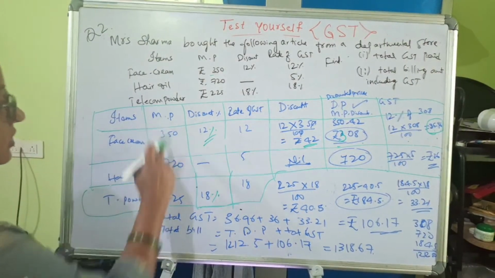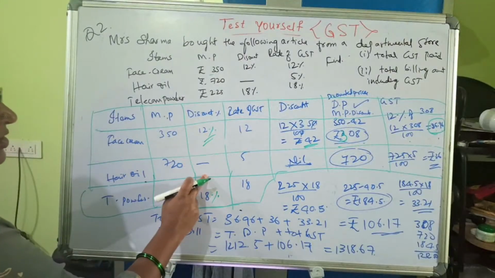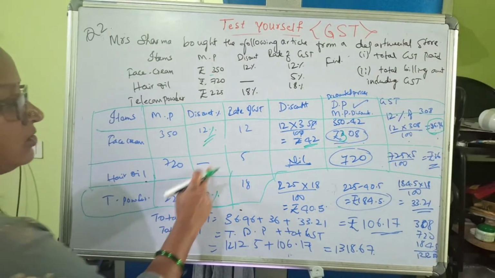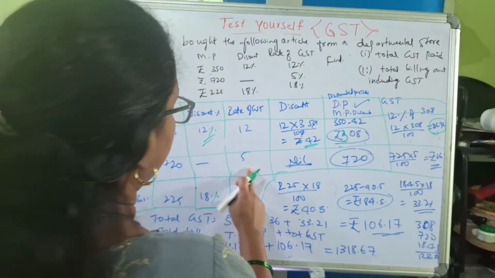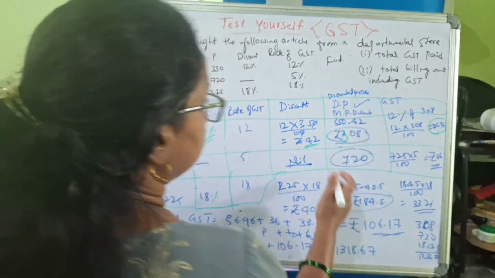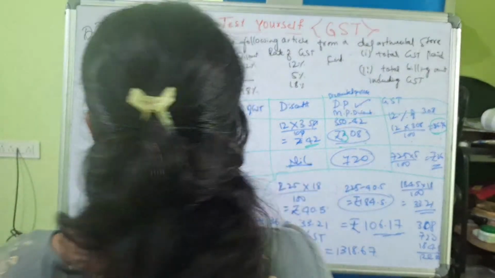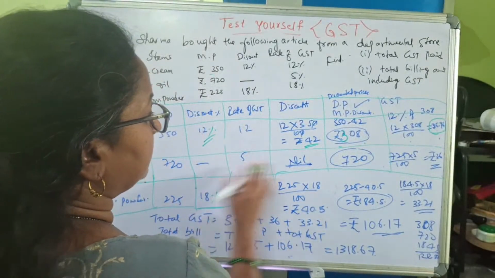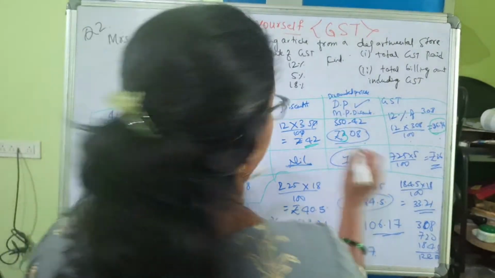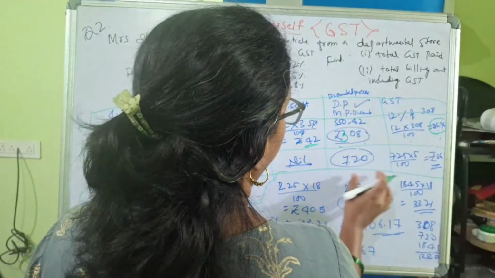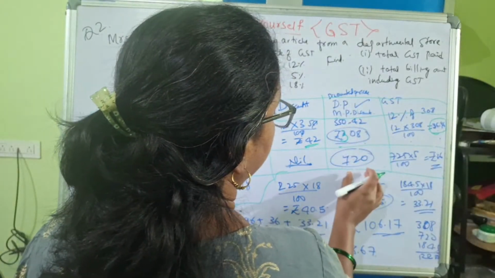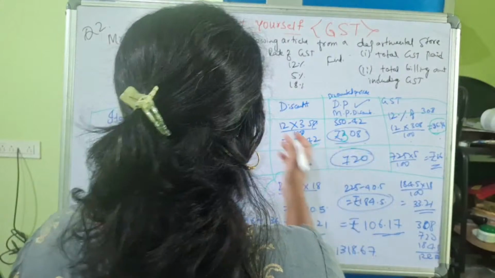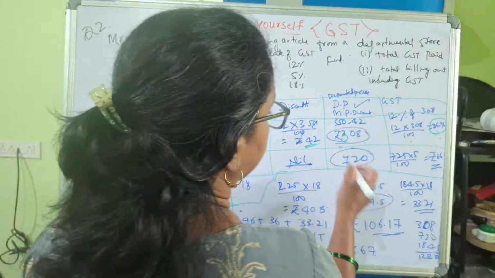For hair oil, the market price is 720. There is no discount for the hair oil and the rate of GST is 5. So here there is no discount for the hair oil, means the price is final. The discounted price and the market price, both are same here.